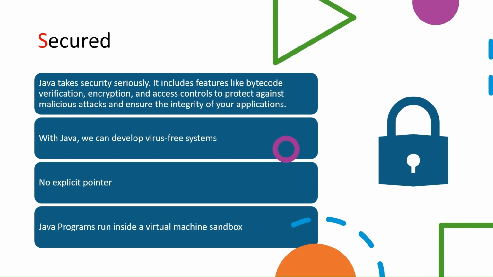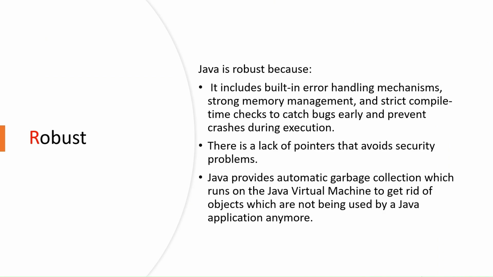Secured. Java takes security seriously. It includes features like bytecode verification, encryption, and access controls to protect against malicious attacks and ensure the integrity of your applications. With Java, we can develop virus-free systems. No explicit pointer. Java programs run inside a virtual machine sandbox. Robust.